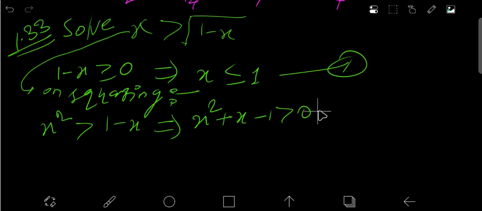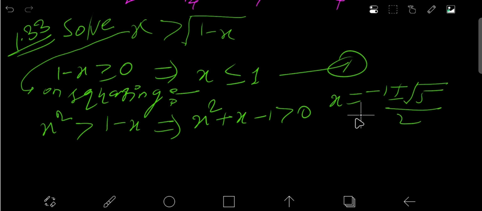So find the roots by the quadratic formula. So here we get x equal to minus b, means minus 1, plus or minus square root of 5, divided by 2. Here we get two roots.